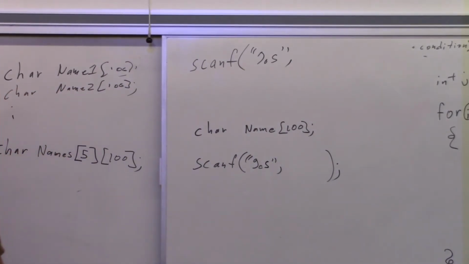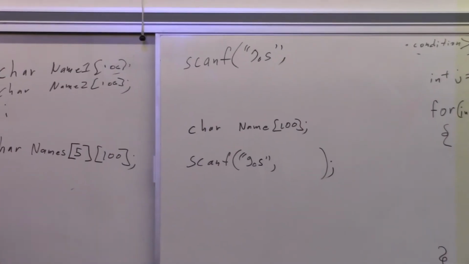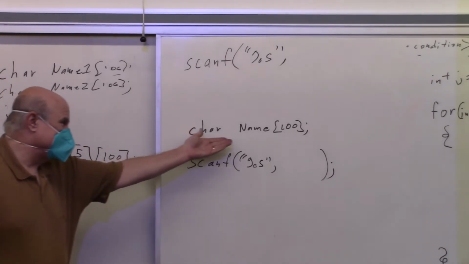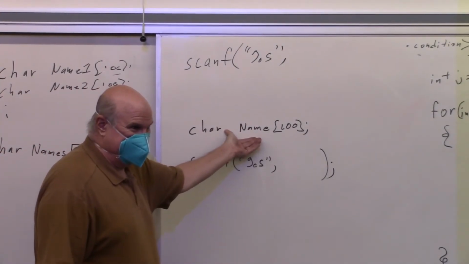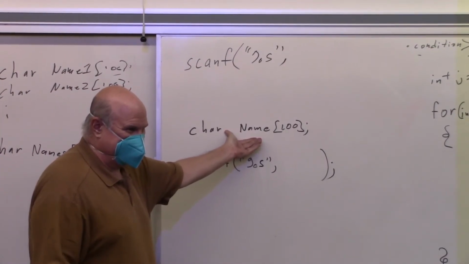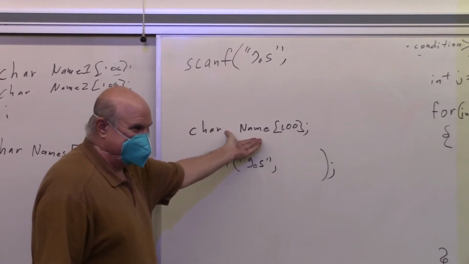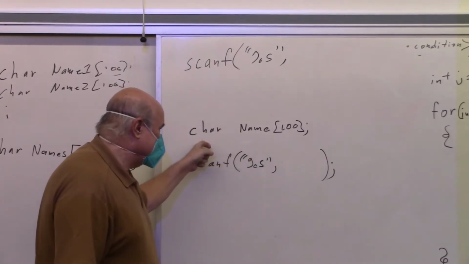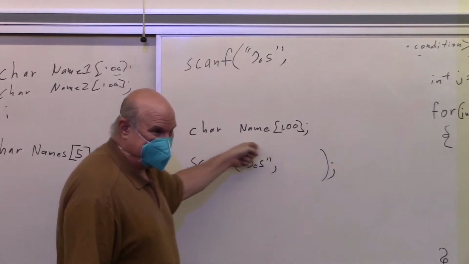Char name 100. Piece of memory, where does it happen to reside? Does this reside on the stack or on the heap? 50-50 chance. Heap? Why?